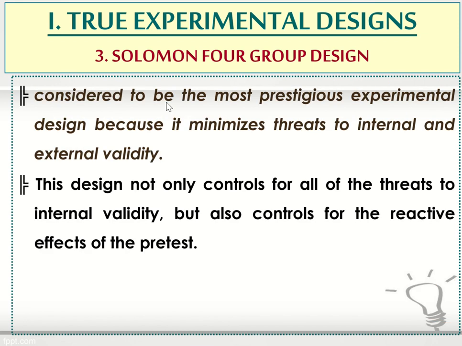So, Solomon four group design is considered to be the most prestigious experimental design because it minimizes threats to internal and external validity. So that is the most prestigious experimental design.